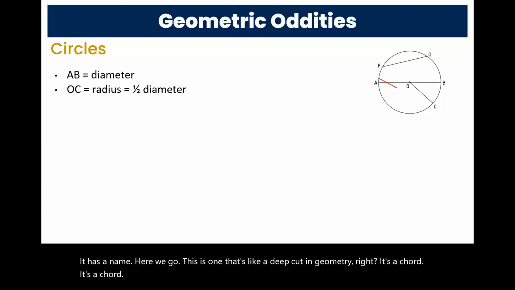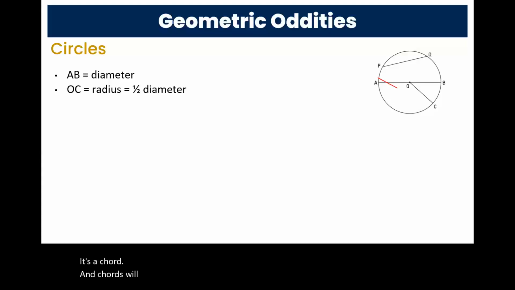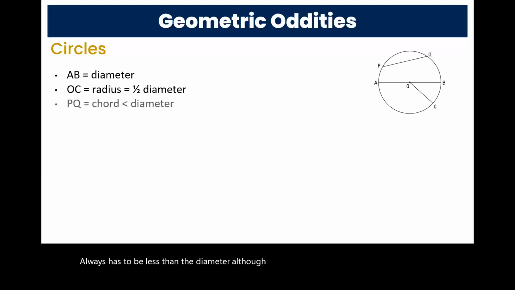And the chords will always be less than the length of the diameter. Always has to be less than the diameter. Although technically the diameter is a chord itself, but we never call the diameter a chord.